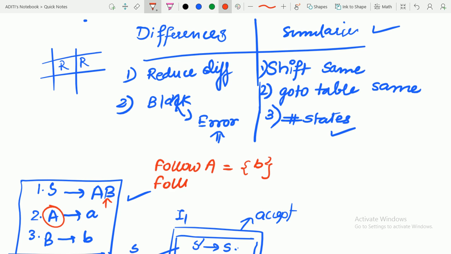Follow of S, since it is the start symbol, will be dollar. Follow of S is only dollar, and follow of capital B is the follow of S, which equals dollar only. So you have to mark it down.